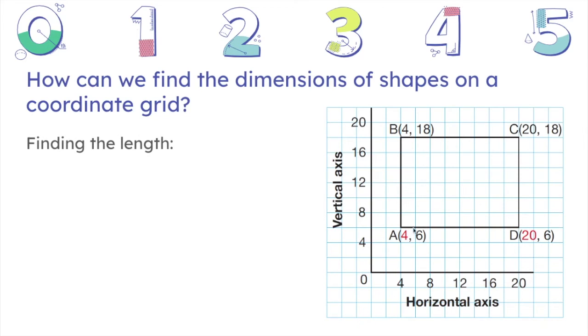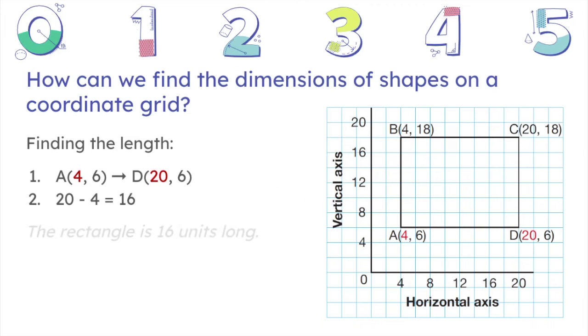So to find the length of this rectangle, we can look at the difference between 4 and 20. That's the first number in each set of ordered pairs. 20 minus 4 equals 16. So we know that the rectangle is 16 units long, or it has a length of 16 units.